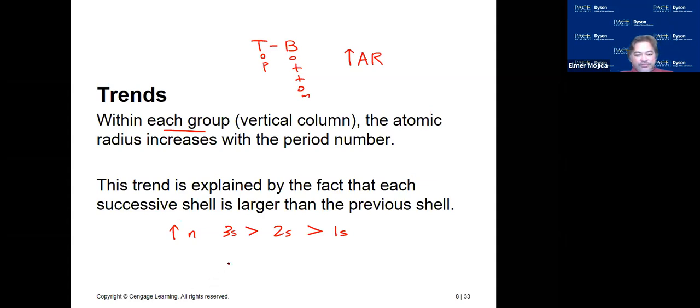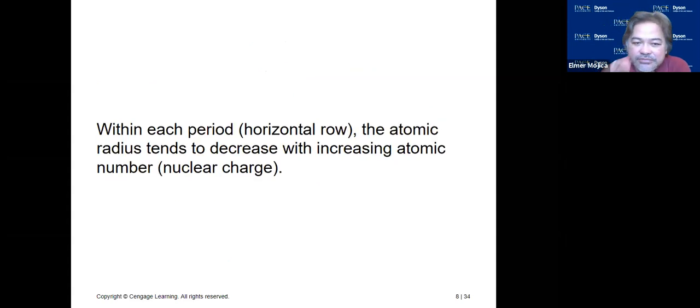Top to bottom, there is an increase in the atomic radius because you're introducing a new n. So the higher the n, the bigger the atomic radius, or the bigger the atom. Now, how about within each period?